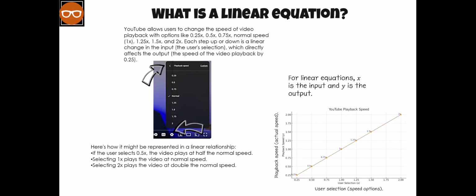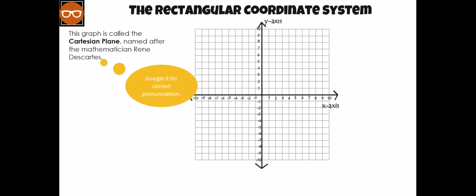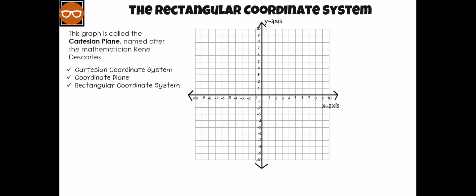Now let's talk about this graph thing. The rectangular coordinate system. The graph is called the Cartesian plane, named after the mathematician René Descartes. It's also called the Cartesian coordinate system, the coordinate plane, rectangular coordinate system, which is what you usually see in a textbook.